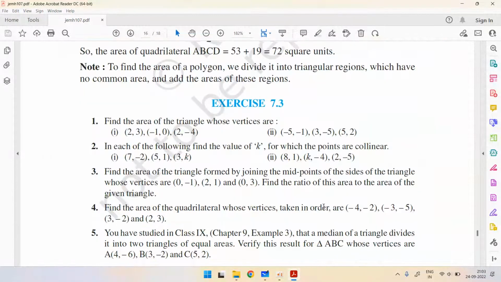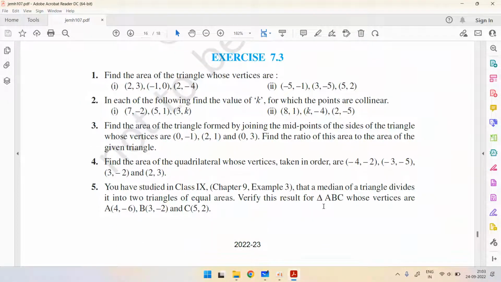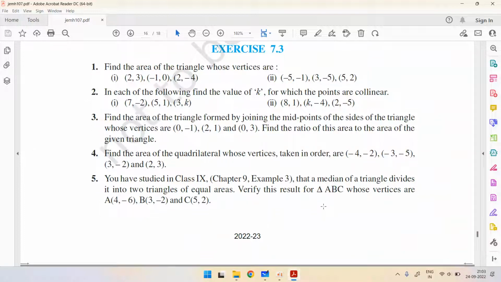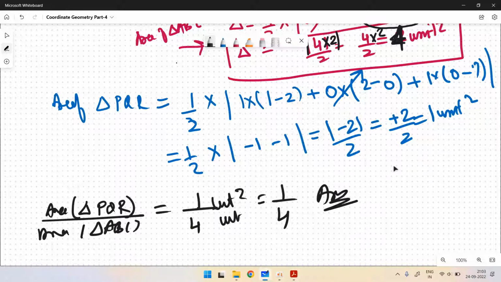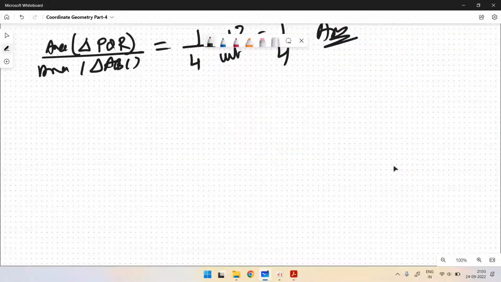I have already made it clear that what we need to do is first divide this whole quadrilateral. I will just draw the diagram. This will be my fourth.